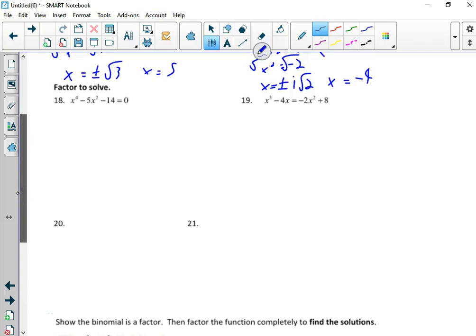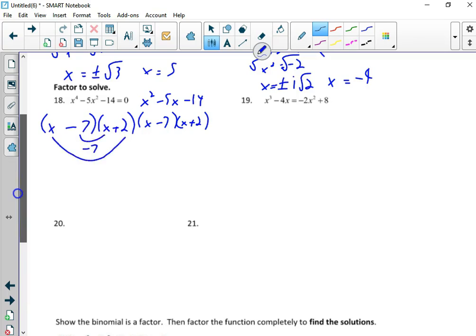Okay, factor to solve. Now remember, think about this as if it was just x squared minus 5x minus 14. You would just factor it quite easily to negative 7 and positive 2. This is going to factor the exact same way. X, 7, and 2. I want more negatives than positives. I check. Remember, guess and check, not guess and pray. That gives me negative 5.